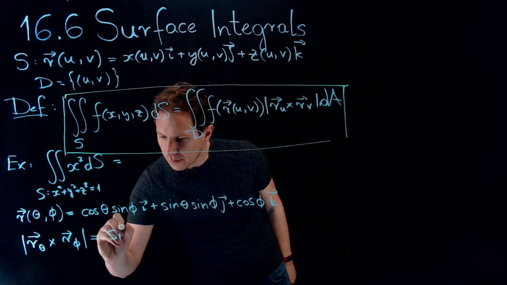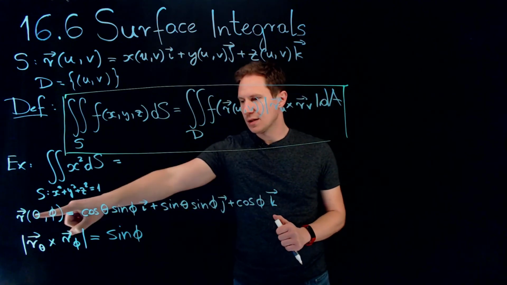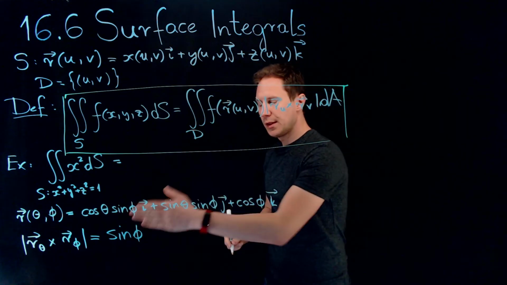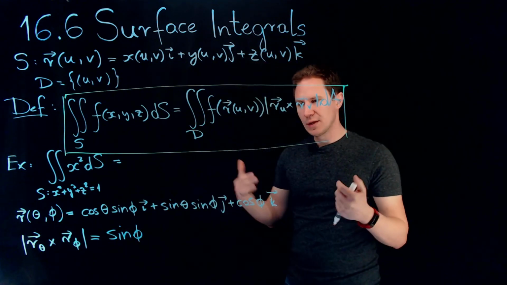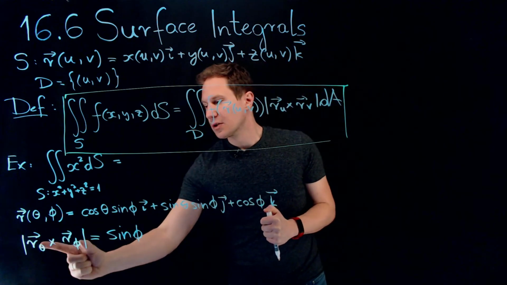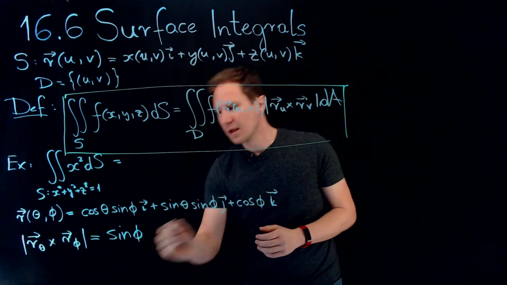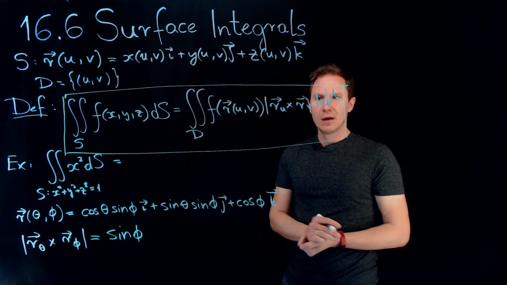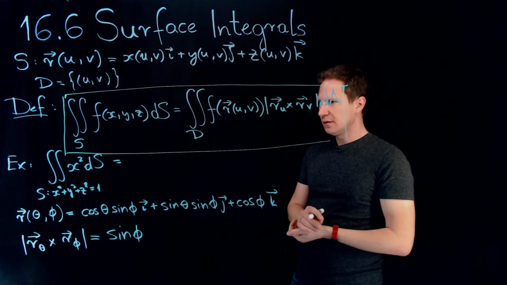Namely, you can check, it's the sine of phi. So you can differentiate this vector function with respect to theta and phi, component-wise, and you get two vectors. If you take the cross product and compute the length of that cross product, you will get the sine of phi. So that's the extra factor that will enter our integrand.